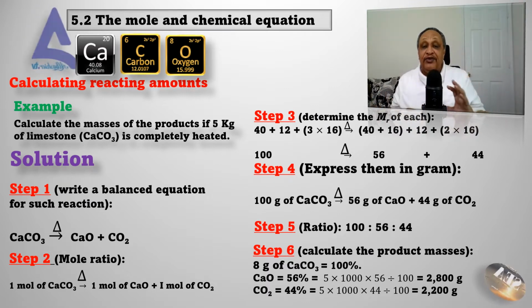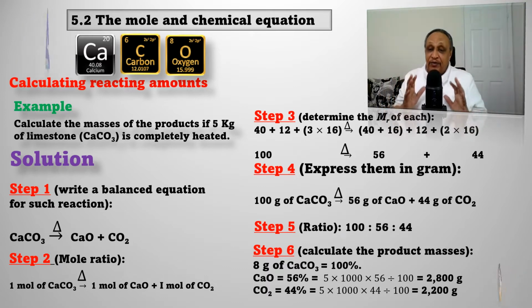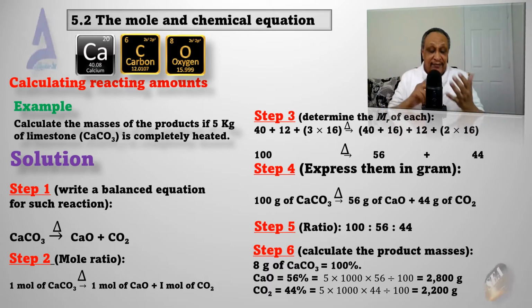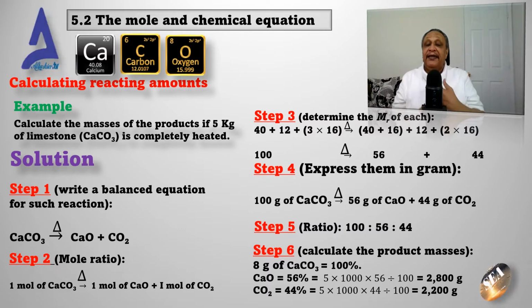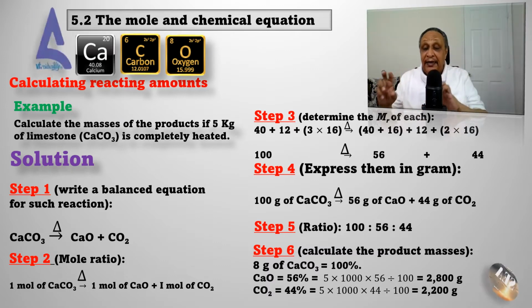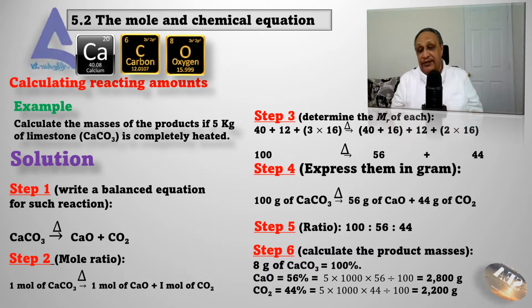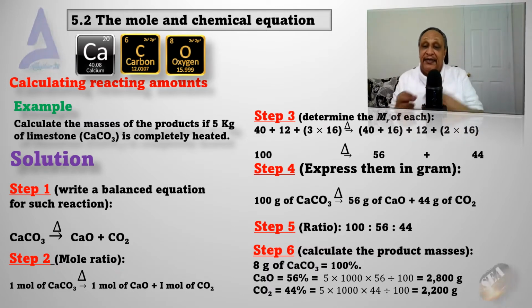We are going to have the main 5 steps that we already have, starting from step number 1, which is the balanced equation, until having the mole ratio of each, step number 5. In step number 6, we are going to do the same things as we did with the previous example.